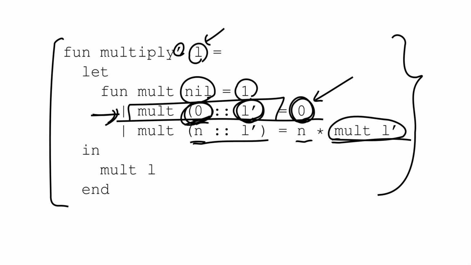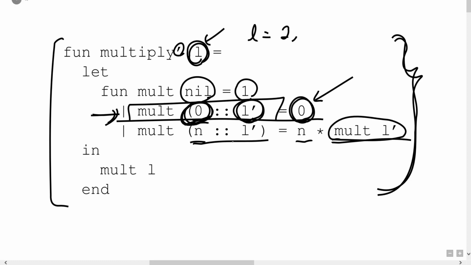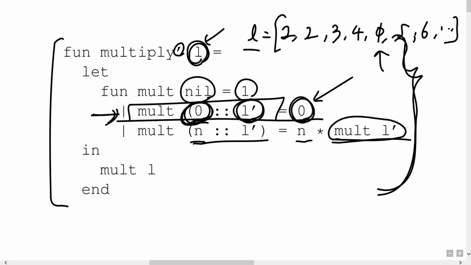But the real problem with this implementation is, even if the list L contains, say, 0, for example, L is 1, 2, 3, 4, and 0, and 5, 6, etc. Even if the list L contains an instance of 0, still we have to return to the previous call.